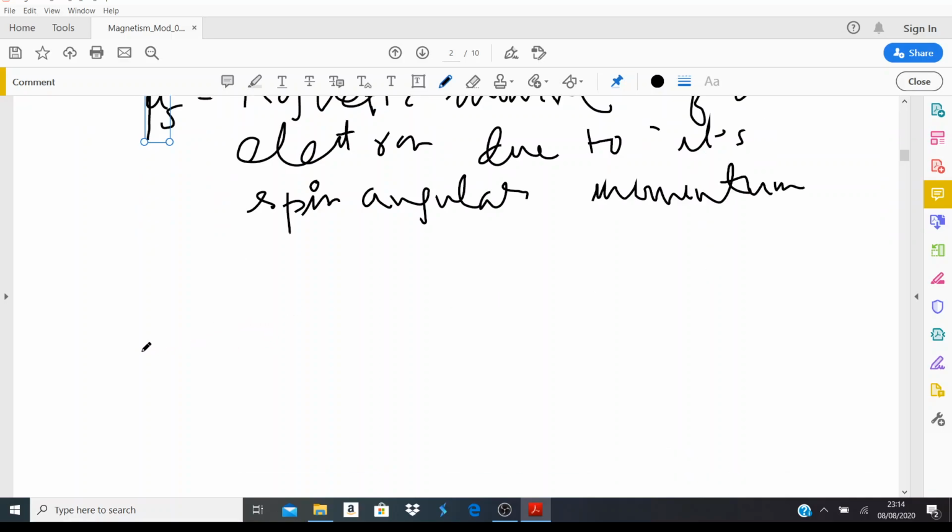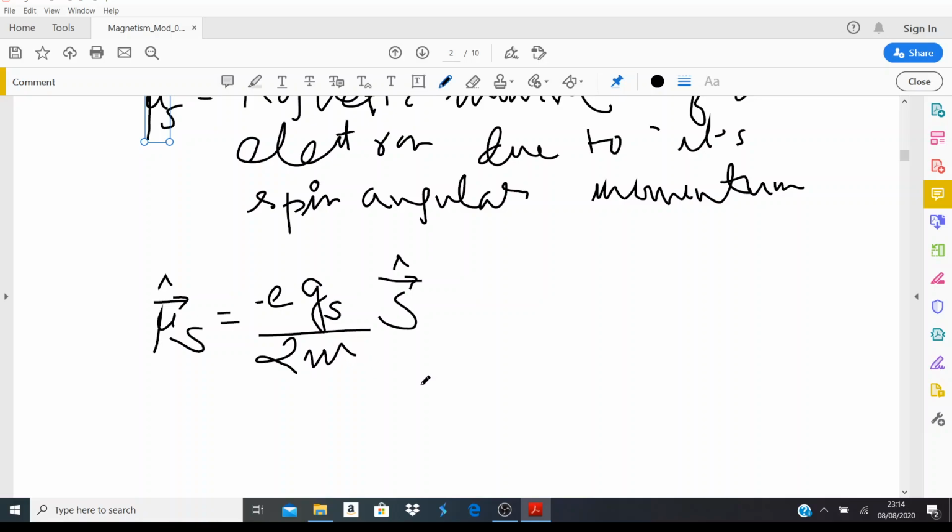And the relation is that mu s, which is the magnetic moment operator due to spin, is related with the spin operator, as a vector operator, by this relation. Again, the charge of the electron times some g factor, but now it's for the spin, divided by twice the mass of the electron, right?